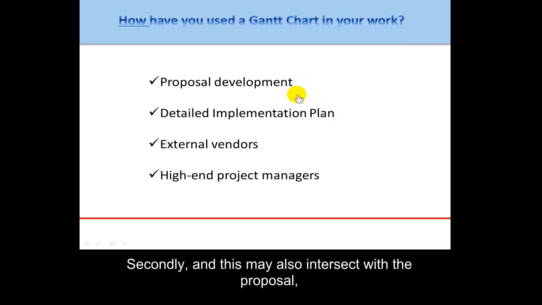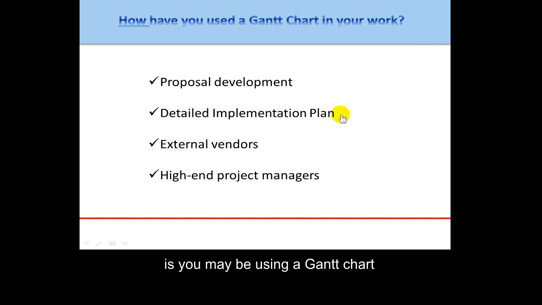Secondly, and this may also intersect with the proposal, you may be using a Gantt chart for your detailed implementation plan. That's sometimes called the DIP, and that actually can look a lot like what we do in the detailed planning phase.